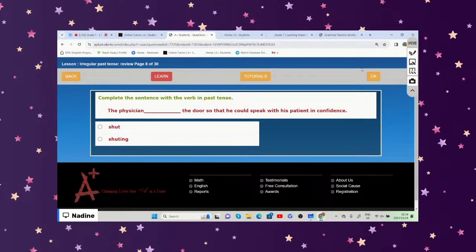And the physician, do we say shut the door so that he could speak with his patients in confidence, or the physician shutting the door so that he could speak with his patient in confidence?